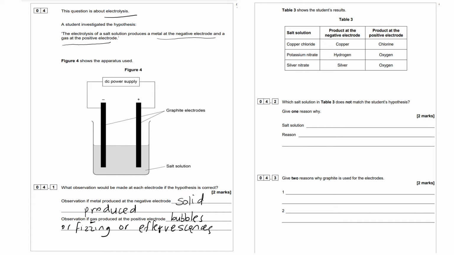Which salt solution in table 3 does not match students' hypotheses? And the answer will be potassium nitrate. So let's write down potassium nitrate. And the reason being, hydrogen is not a metal here. So hydrogen is not a metal.